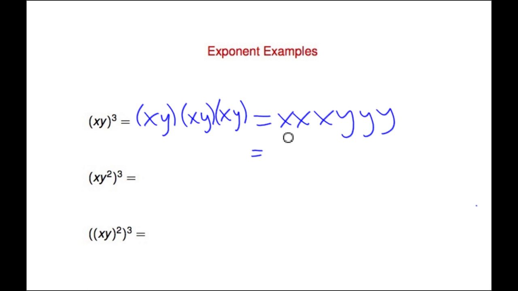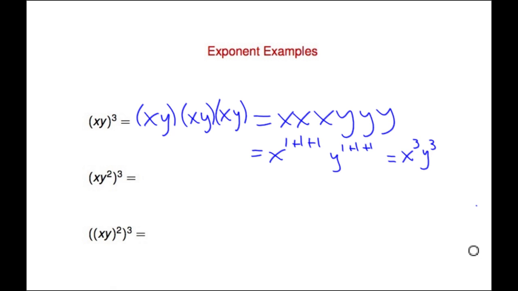Well, you might be asking, what are their exponents? Well, if you don't see one, that means that you just have a single copy. So this is saying that we have x to the 1 plus 1 plus 1, and then y to the 1 plus 1 plus 1, or x cubed times y cubed.